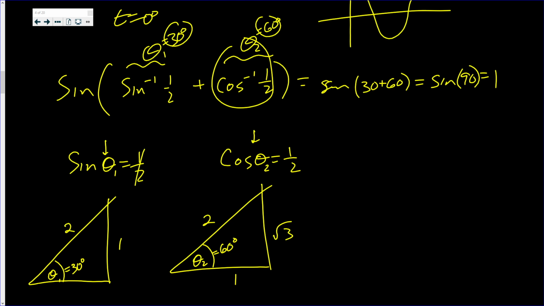But if this would have been 1 over 7, you wouldn't have known. You really need to realize that this plus this is 90 degrees. I was able to see that as a student, so can you.